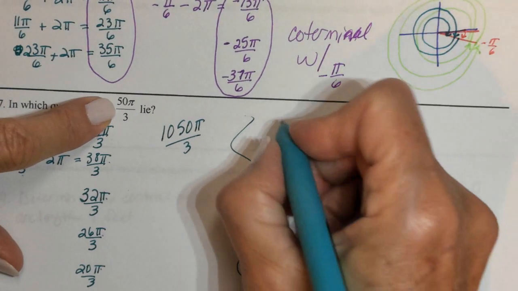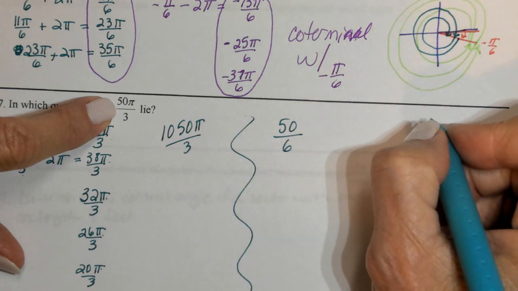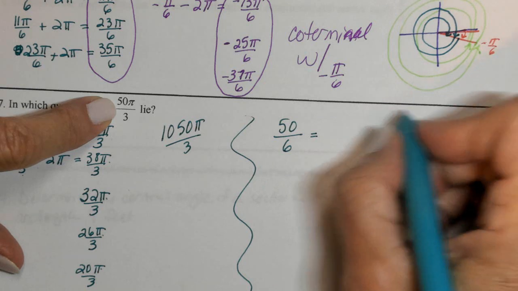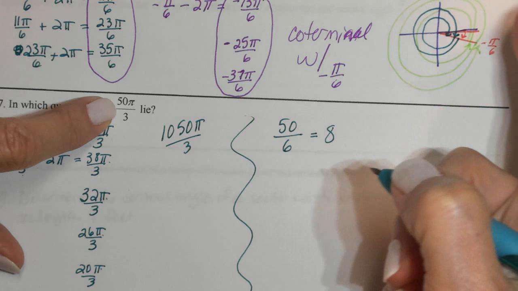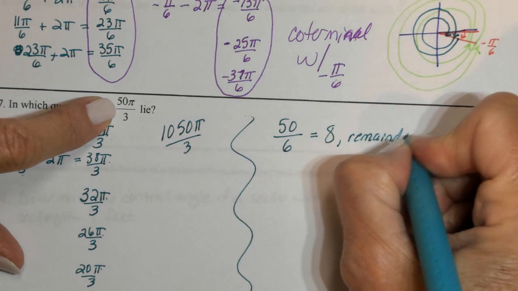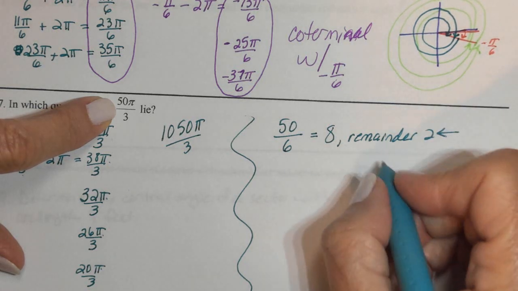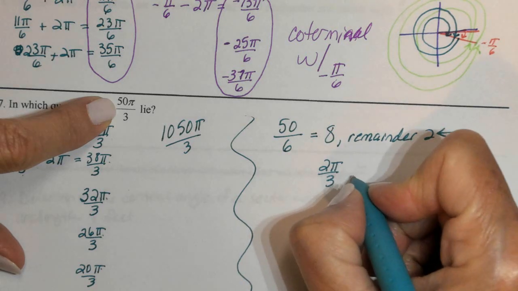Okay? If you take 50 and divide by 6, how many 6s are in 50? There are 8 of them, with 2 left over. The remainder is 2. That's what you want. So you're going to have a 2 pi over 3 left over.